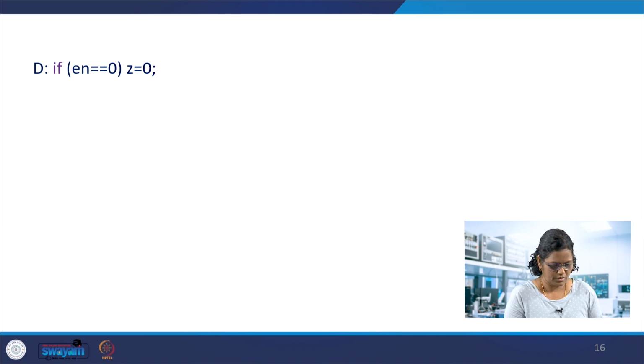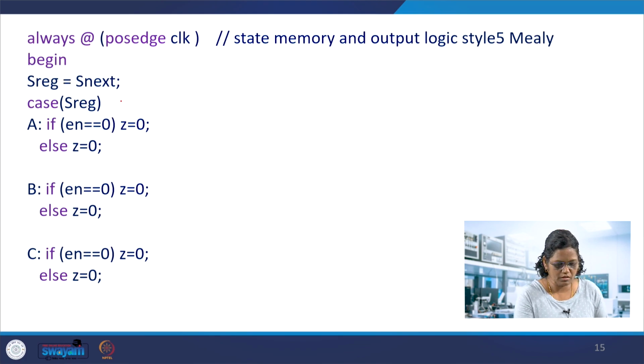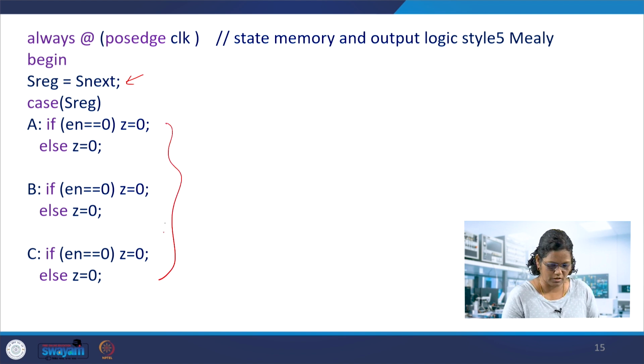Here we see that always at passage of the clock, this constitutes the state memory, whereas the output logic: if SREG is A and enable is 0, Z is 0, and else Z is 0. So the output logic is made into the same always block.